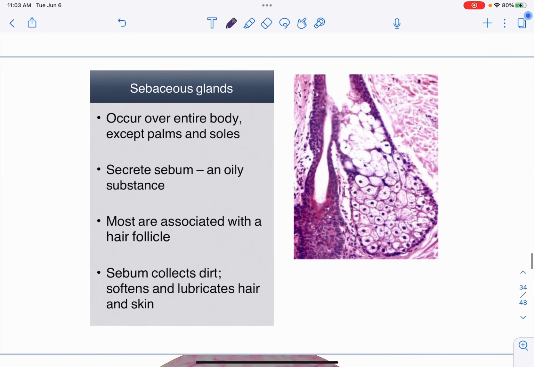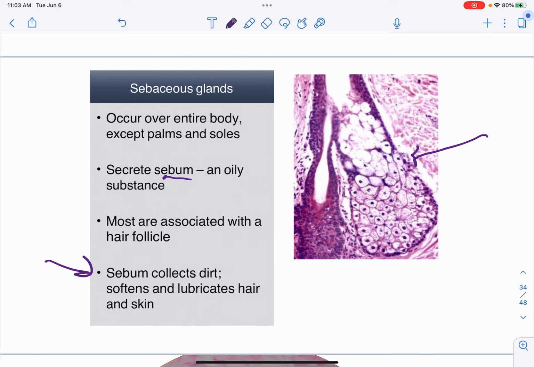Here's a nice image of sebaceous glands. This is a sebaceous gland right here. They look really remarkable under the microscope. You should be able to see them without any problem. I've gone over this already. It softens and lubricates the hair. It produces a substance called sebum, which is an oily substance. And these sebaceous glands are anywhere where there is hair.